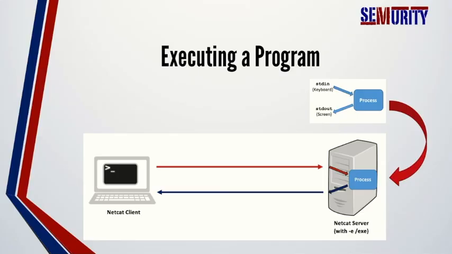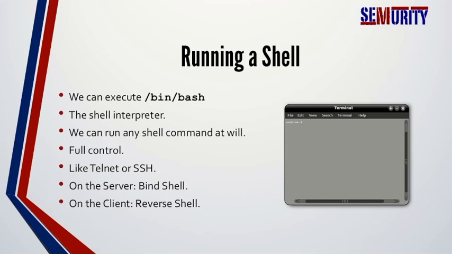So having understood now how we can trigger Netcat to execute a program, we can now start working with shell. Now, there is one particular program that if I execute, I will have complete shell access, and that is the actual shell interpreter. The shell interpreter in Linux itself is an executable file in the bin directory.